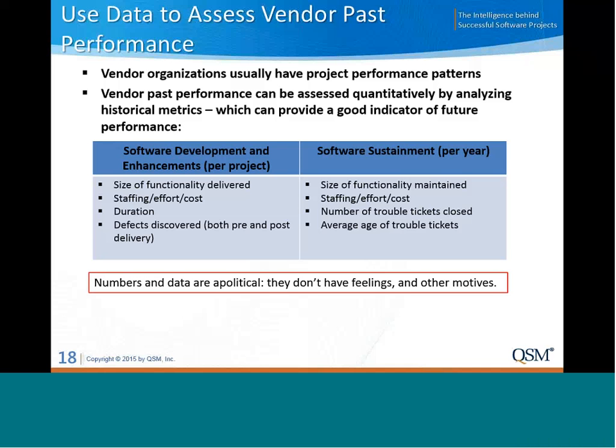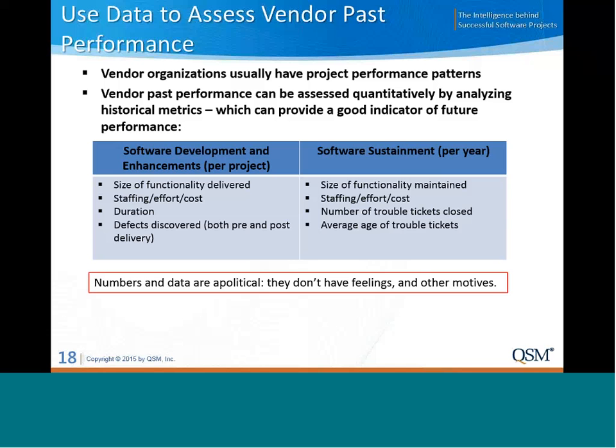And then if we're talking about a contract for O&M sustainment, then we ask for similar metrics but a little bit different. We're looking at metrics based on performance on an annual basis. How much functionality was maintained in an O&M environment? What were the staffing levels? How many trouble tickets were closed, total and by priority and severity?